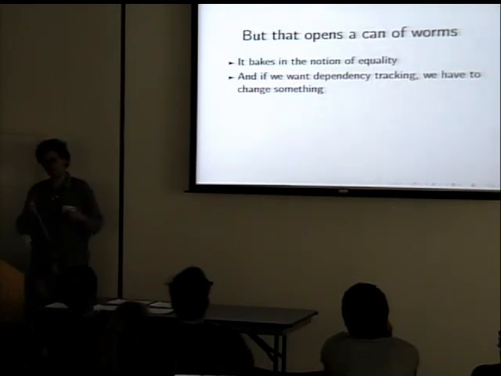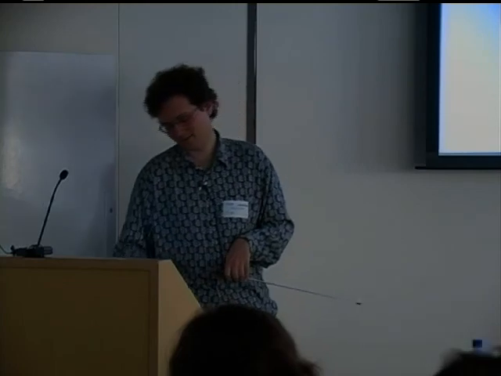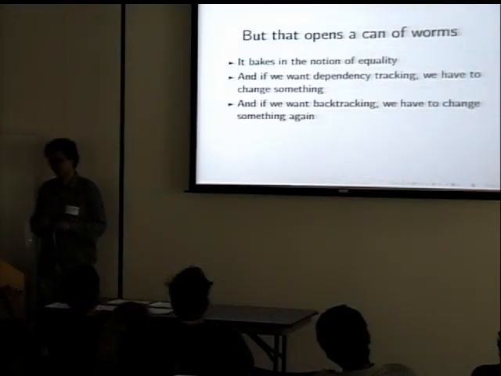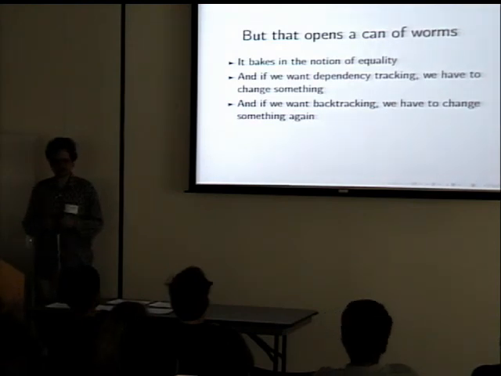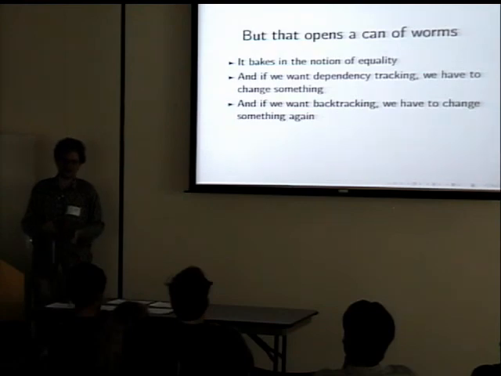And maybe you even want to repropagate because you don't have this dependence on B anymore. But that's not equality in any sense. So maybe you bake that into your propagator. And then if you want to do backtracking too, you have to change something else because now these decisions can be undone.